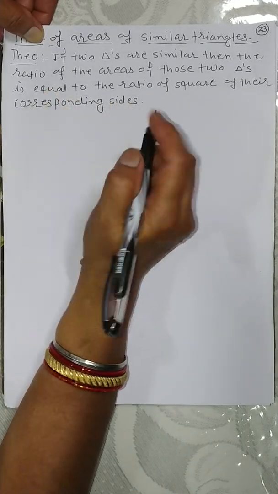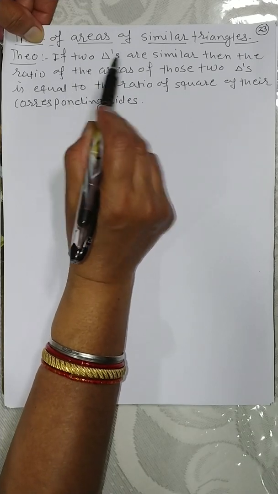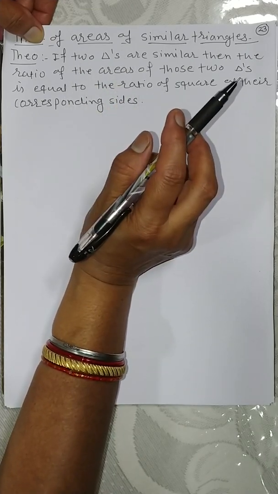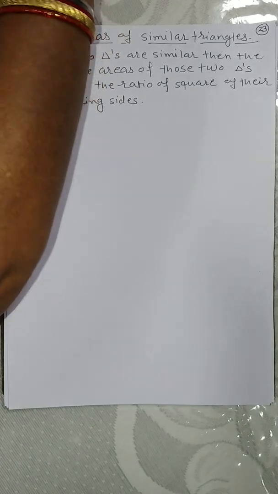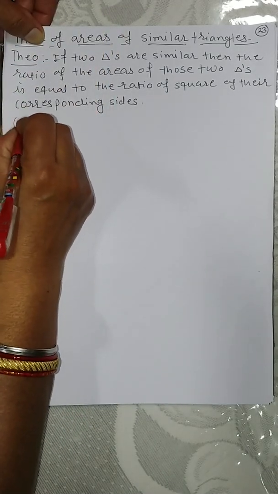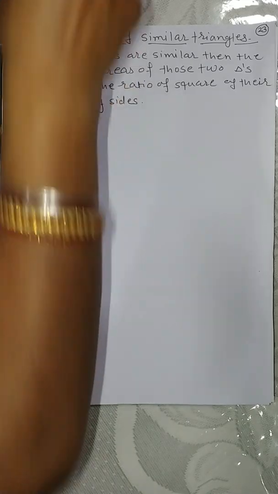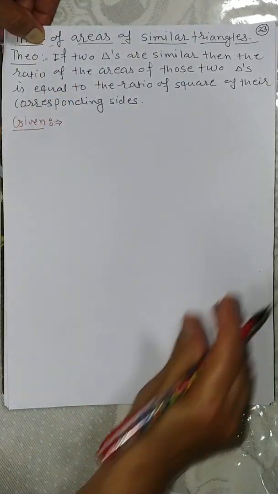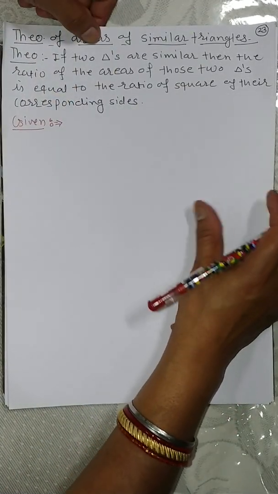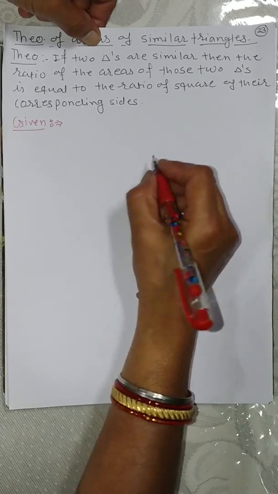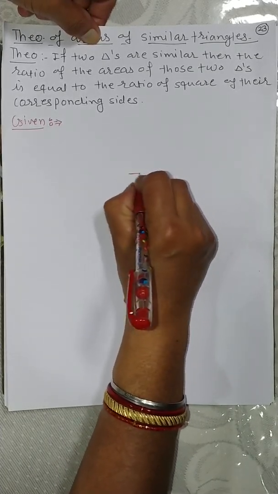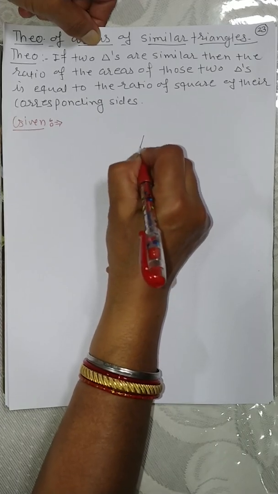So in this theorem, what is given? Two triangles are similar. It is given. So given statement is two triangles are similar. So here we have to draw two triangles which are similar. So suppose this is one triangle.